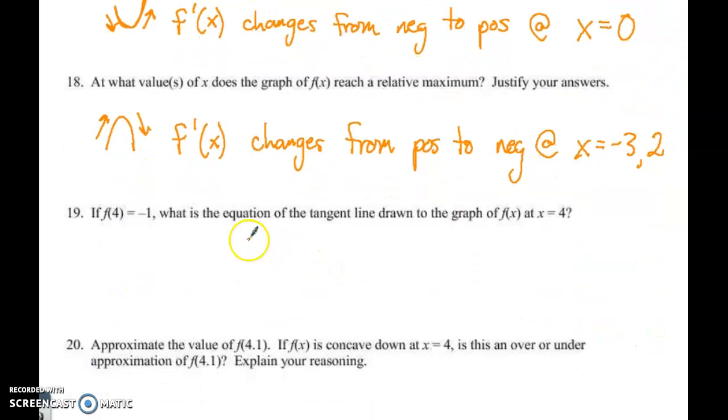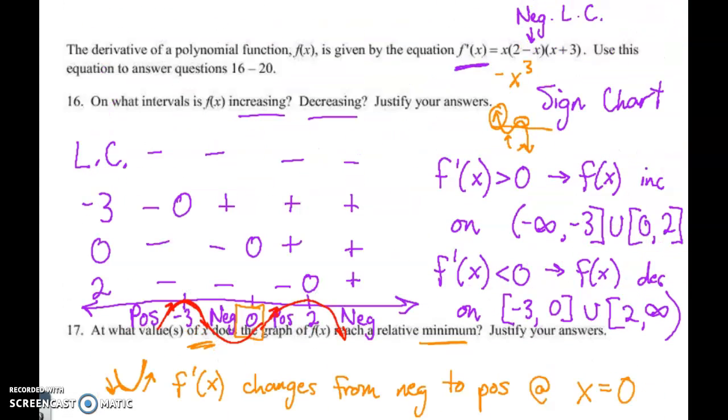Then they give you this other piece where they give you f of 4 equals -1. Well, if we're trying to find the equation of the tangent line, we need to know what f prime of 4 is. Well, we can identify that by using the formula that they give you. So 4 times -2 times 7.